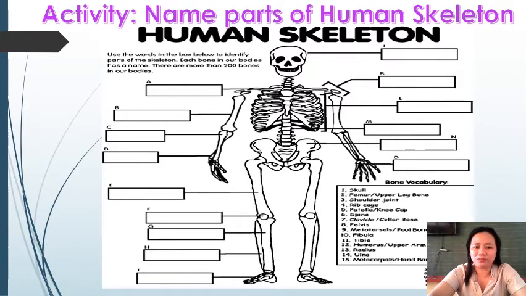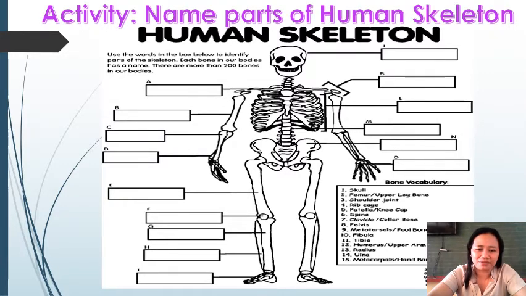Number 1, skull. Where is your skull? Number 2, the upper leg bone. Number 3, shoulder joint. Number 4, rib cage.